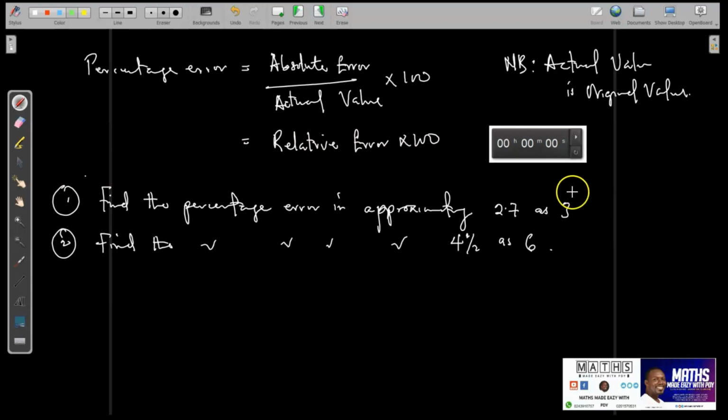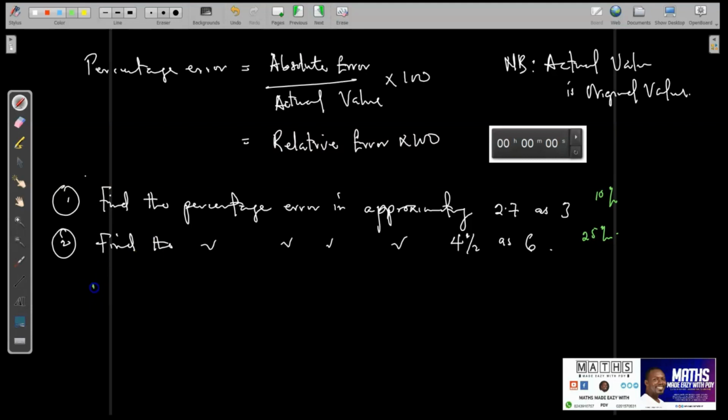Yes. Any other answer apart from 10%? Okay, number 2. What was the percentage error? 25%. Okay, let's find out whether these are the right answers.